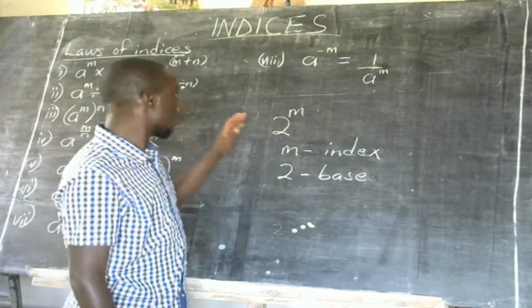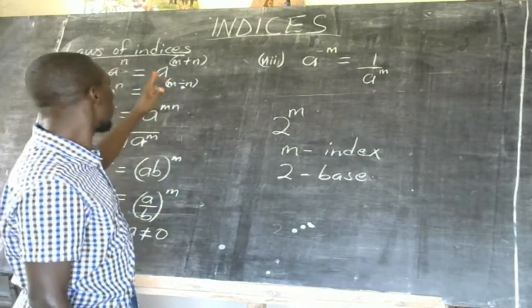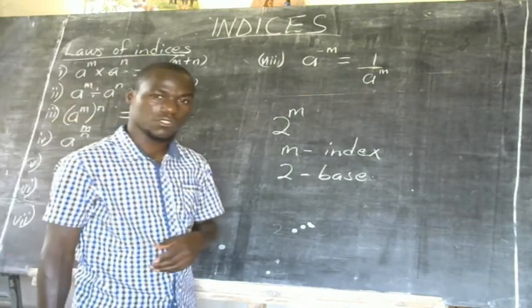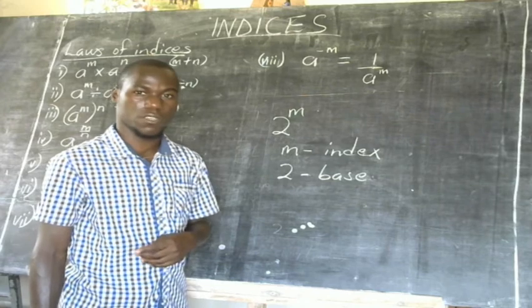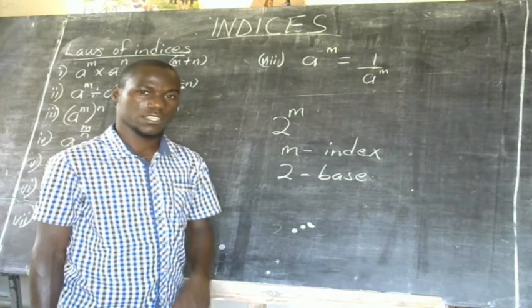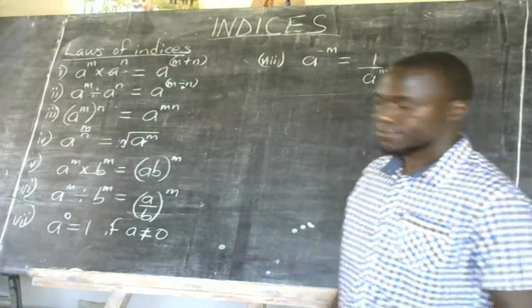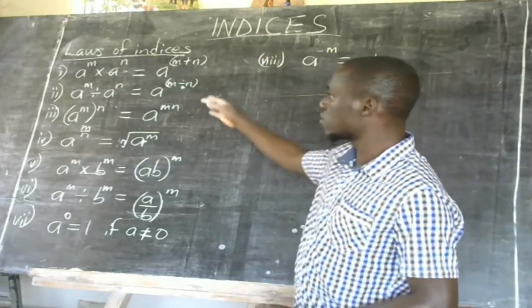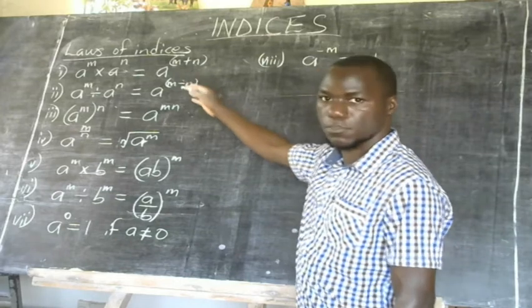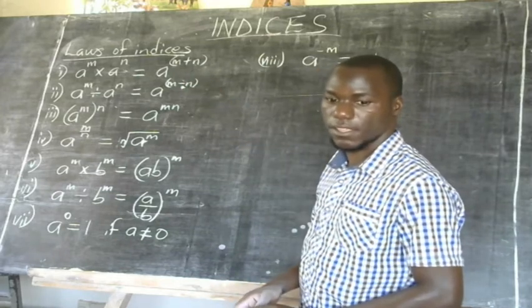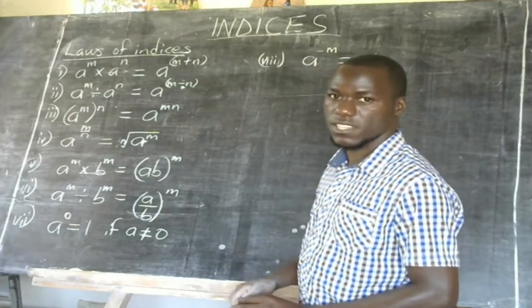Now, we have the laws of indices, and they don't differ so much from the laws that we looked at in O-level. So the first one, multiplying numbers of the same base, we just add.